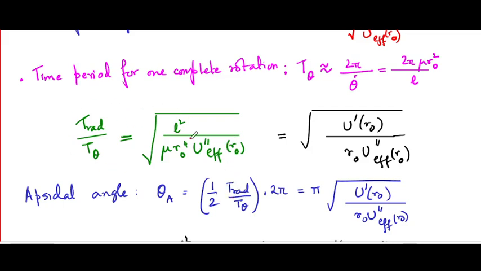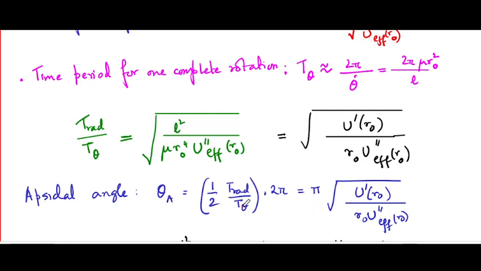Half of this ratio times 2 pi. Half because the apsidal angle is after all the angle between lines joining the center to nearby successive apses. So basically a line joining a point at R minimum to one at R maximum. So not a complete radial oscillation but only half of it.